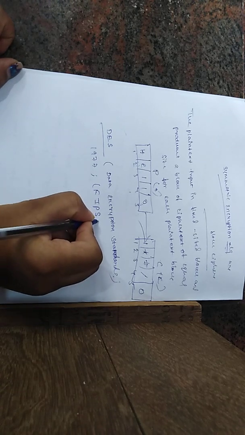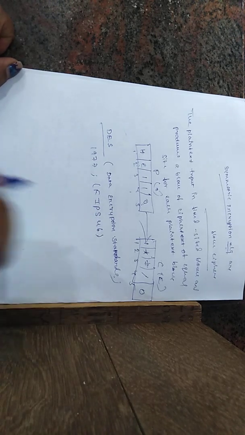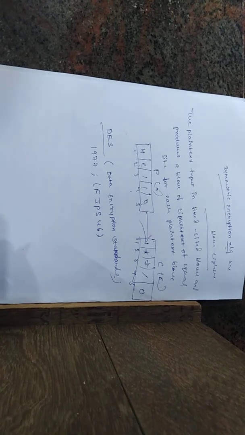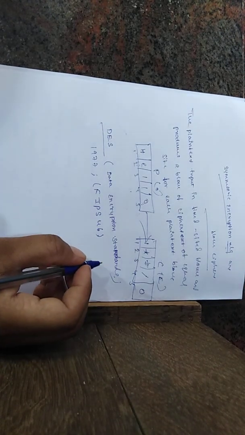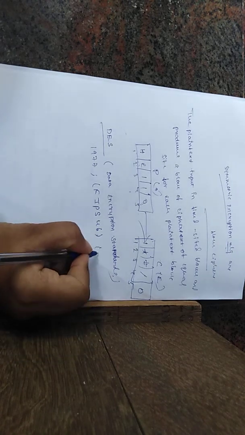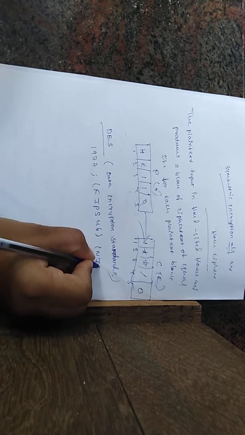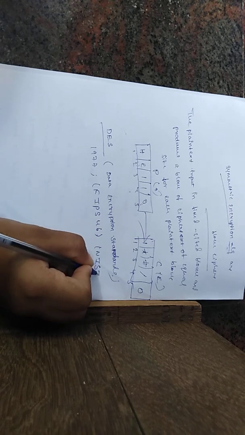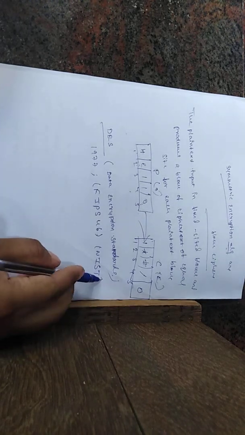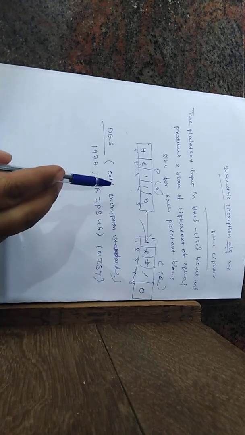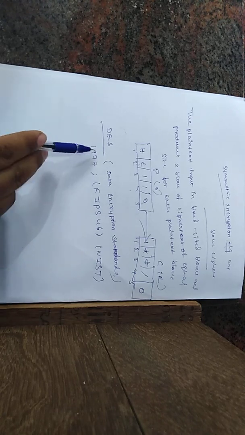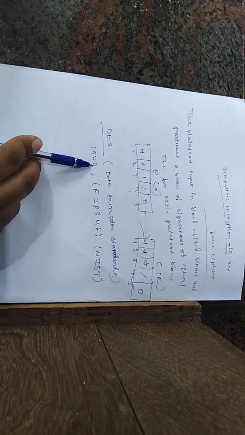It is Federal Information Processing Standard 46, issued by the National Bureau of Standards, now known as the National Institute of Standards and Technology. These guys first developed the DES algorithm in 1977.